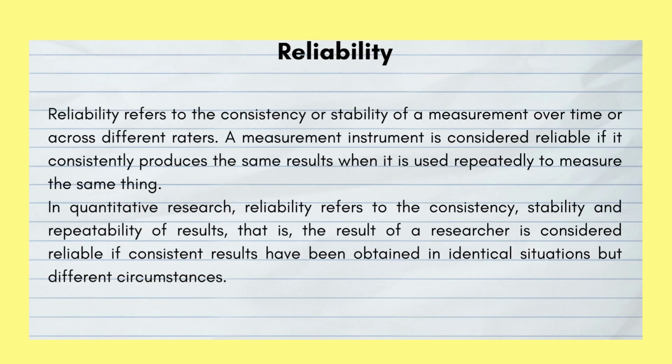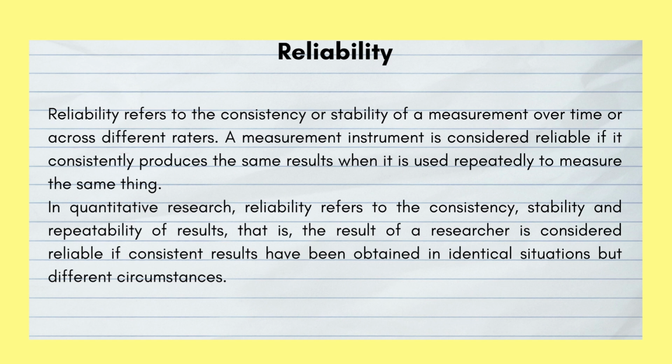Next is the reliability. Reliability refers to the consistency or stability of a measurement over time or across different raters. A measurement instrument is considered reliable if it consistently produces the same results when it is used repeatedly to measure the same thing.